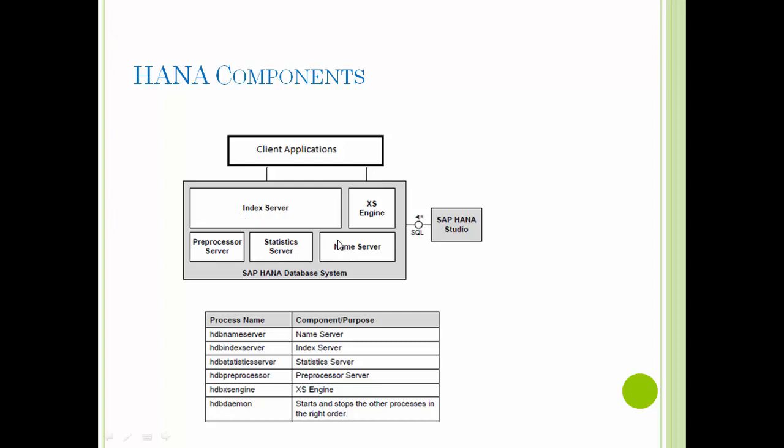Name server owns the information about the topology of an SAP HANA database system. For example, in a distributed setup with instances of the SAP HANA database on multiple hosts, the name server knows where the components are running and which data is located on which server in the distributed setup.